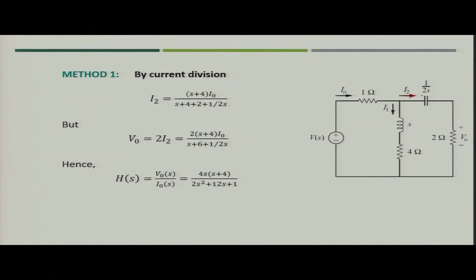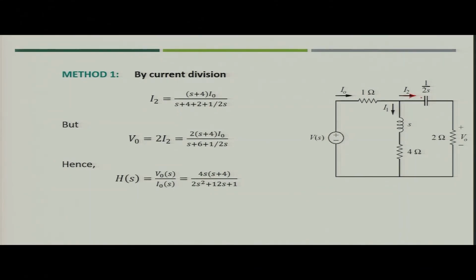So, the current flowing in this leg would be s plus 4 divided by the impedance of the complete loop, that is s plus 4 plus 2 plus 1 upon 2s, then multiplied by I naught. So, I2, that is the fraction of I naught which is flowing in this leg, would be given by (s plus 4) into I naught divided by s plus 6 plus 1 upon 2s.